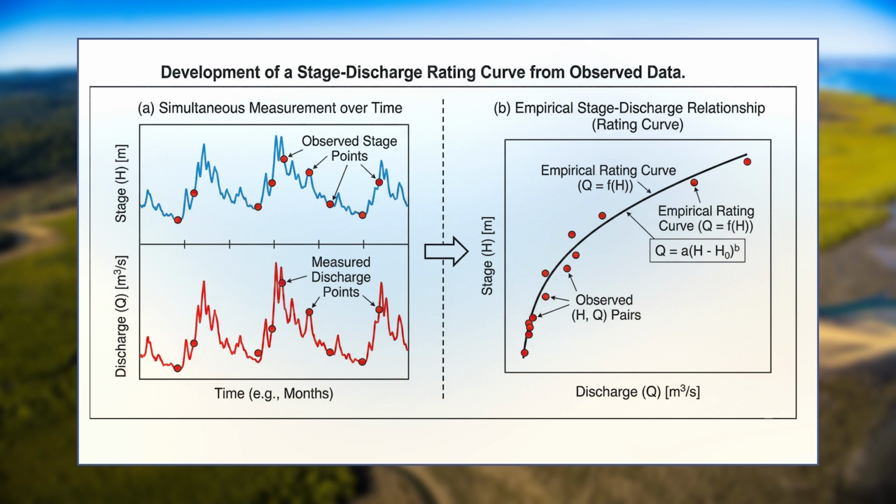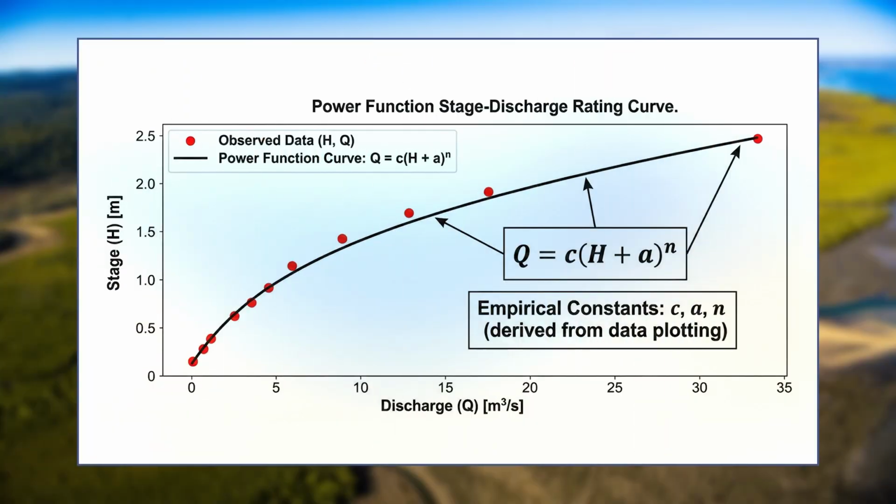This is commonly known as a rating curve. This equation is often a power function expressed as Q is equal to C (H plus A) raised to power n, where Q is discharge against any given stage H and C, A and n are empirical constants.